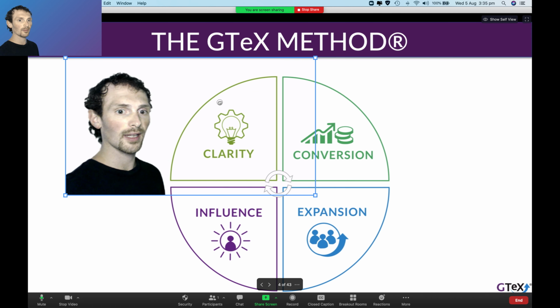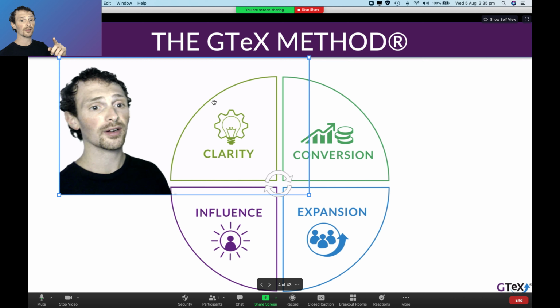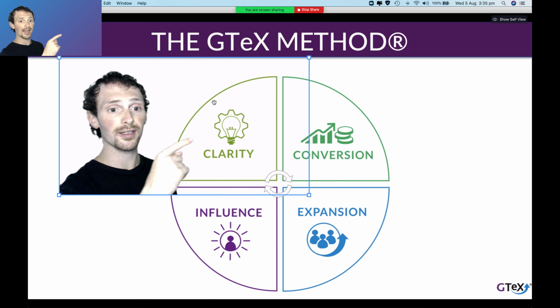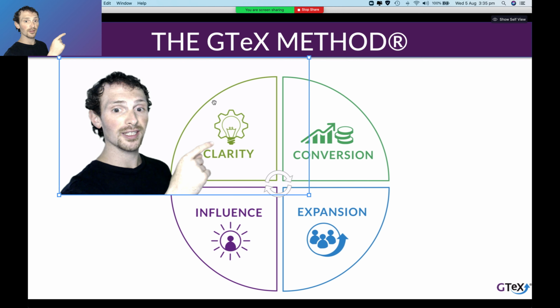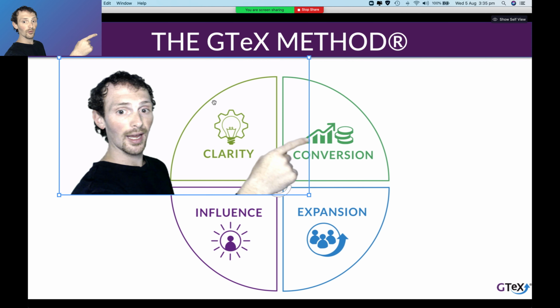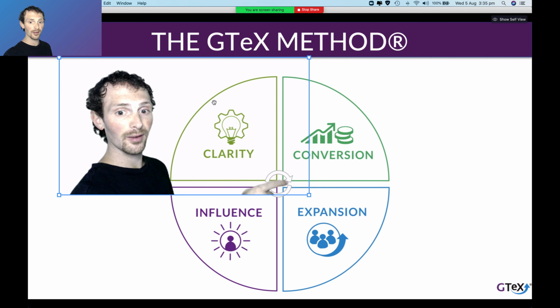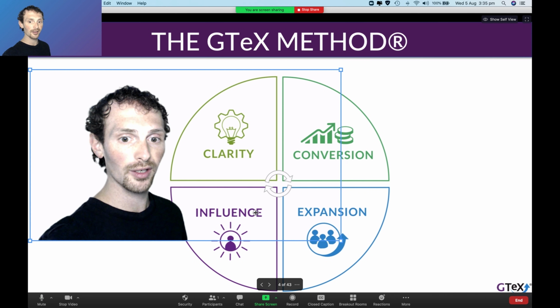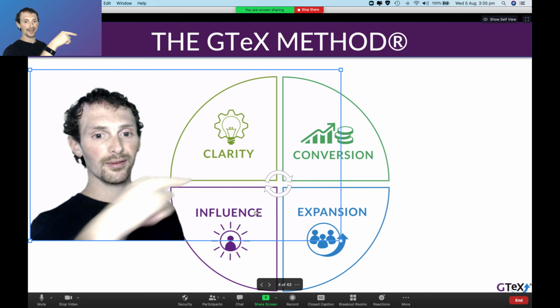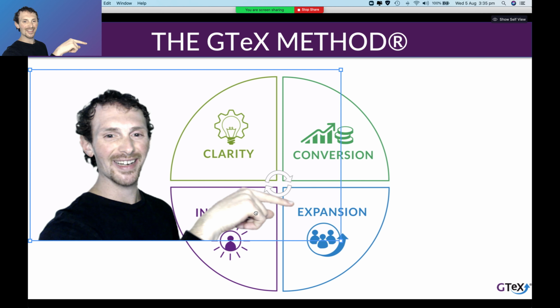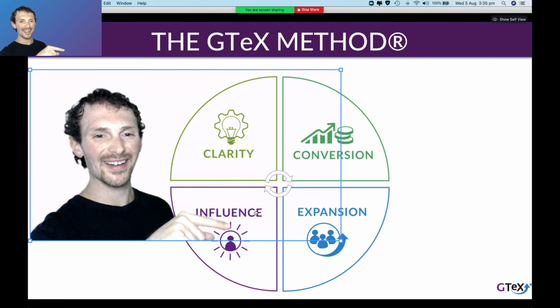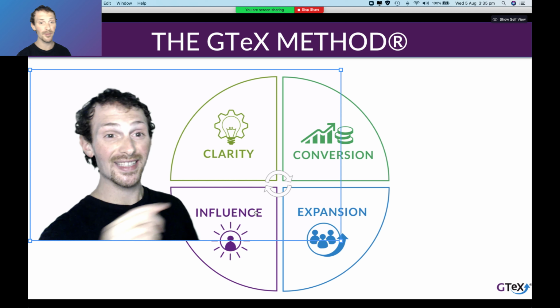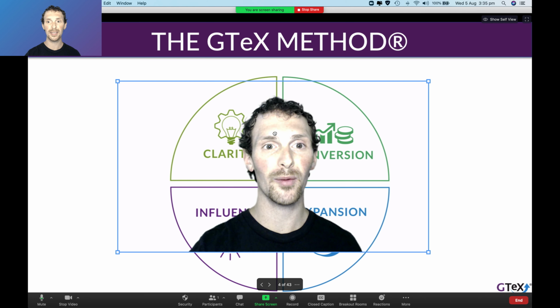So then I'm going to be there, and I say, okay, we have the first one, which is clarity, the pillars of the GTeX method. Then we have conversion. There you go. Then we have expansion, and then we have influence here. And so I'm going to be there, and I can now put myself back in the middle.